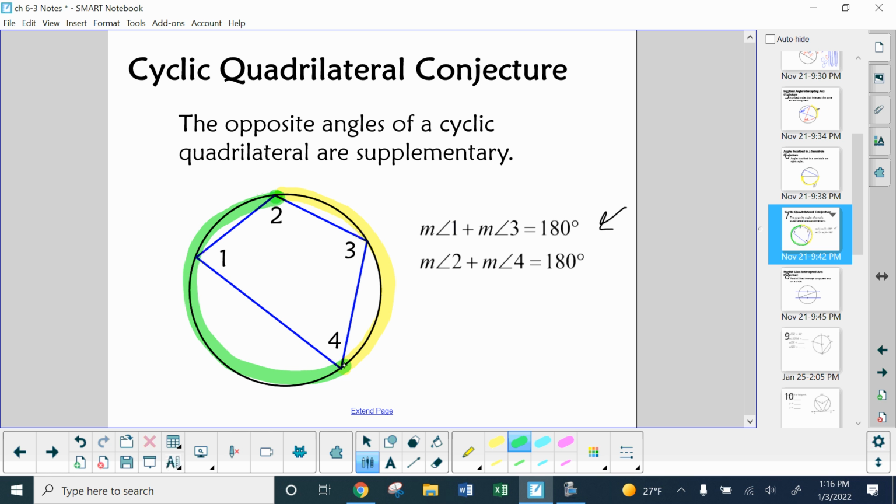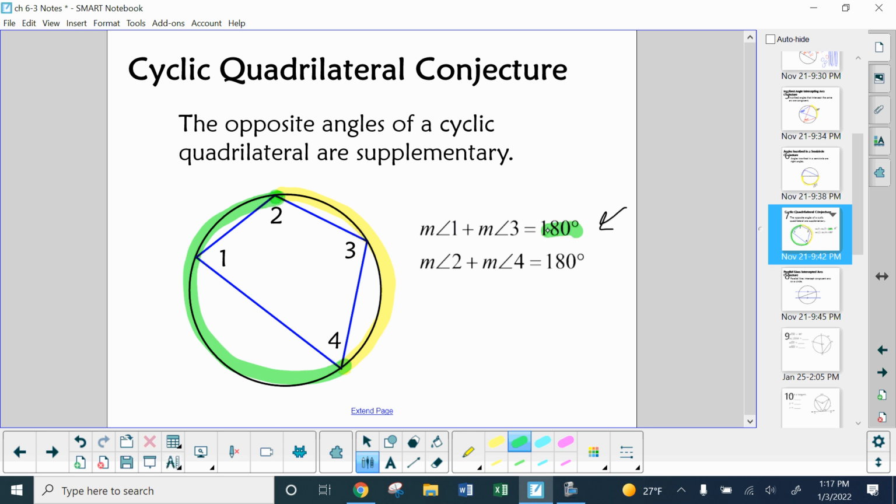So how much of the circle have I highlighted? The whole thing, right? Which is how many degrees? 360. Well, notice angles 1 and 3 are both inscribed, right? So half of 360 is 180. So that's why it works.